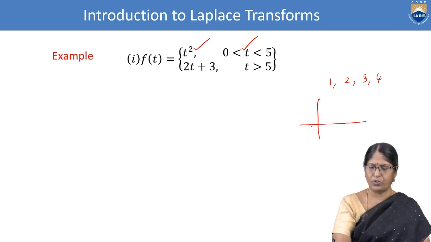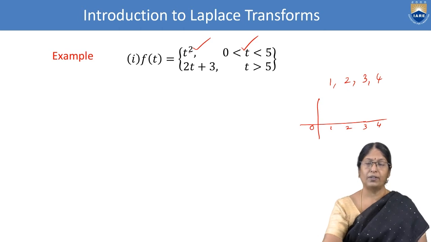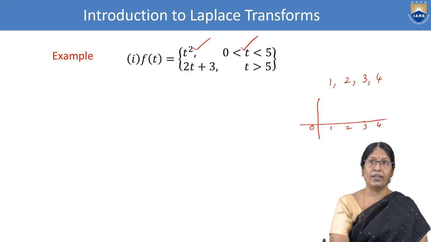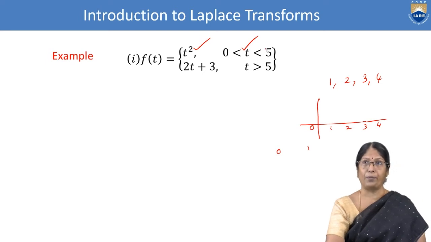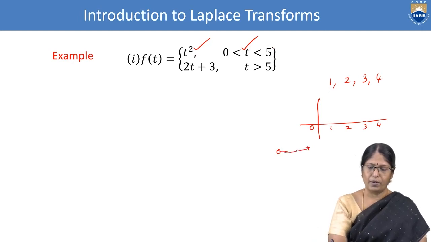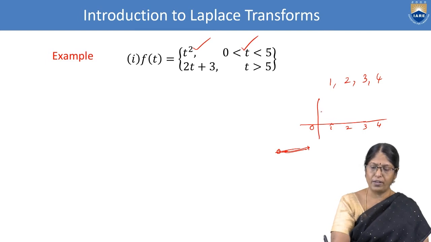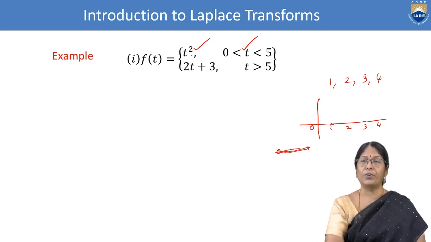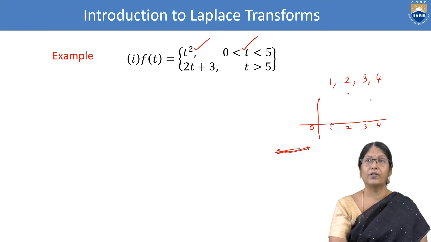When we substitute 1 we get 1. Zero is not possible because t lies between 0 and 5, so 0 and 5 are not included. Substituting 2, we get 4. Joining these, we get one curve.